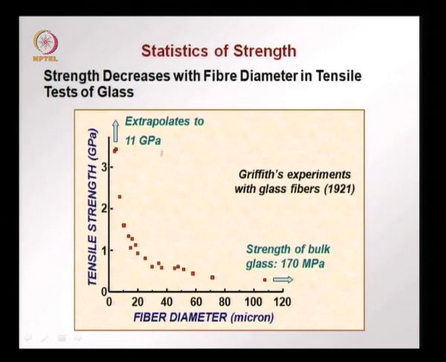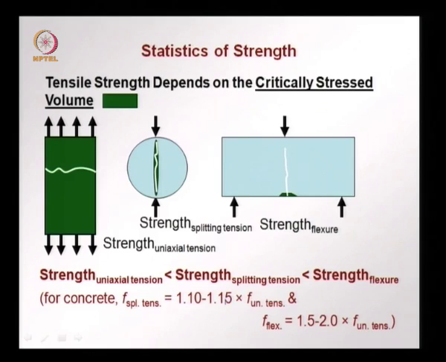Strength even went up to 11 gigapascal in a glass with a bulk strength of 170 megapascal. A large specimen would fail at a strength of 170 megapascal, but very thin fibers could take even 11 gigapascal of stress, and this strength decreased as the diameter increased. As we increase diameter, there is a higher probability of defects and flaws.